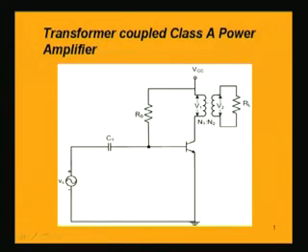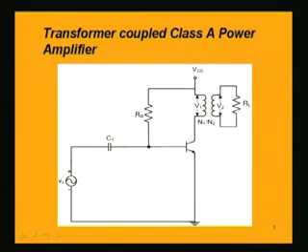A transformer has two windings: the primary winding, where we connect the supply, and by induction we get an induced voltage in the secondary. Here the number of turns in the primary is N1 and in the secondary is N2, so N1 to N2 is the turns ratio.